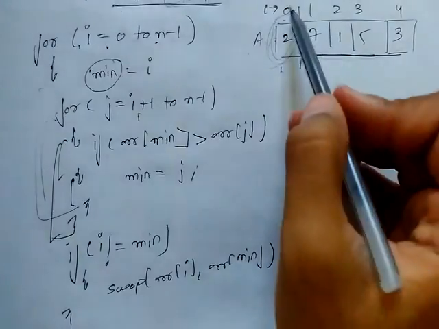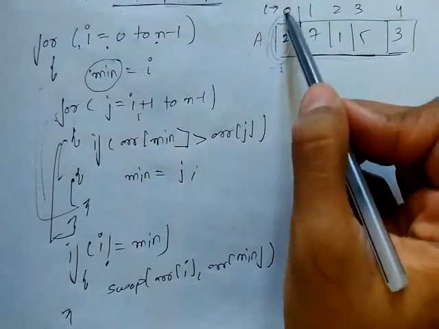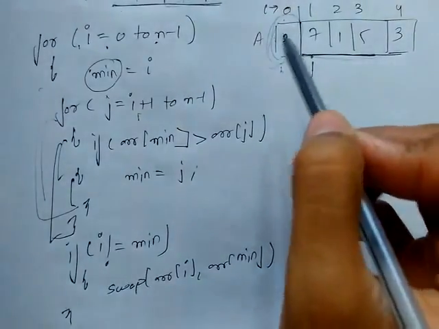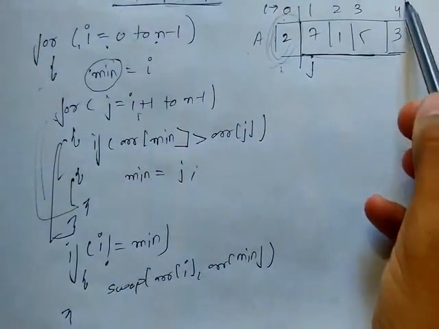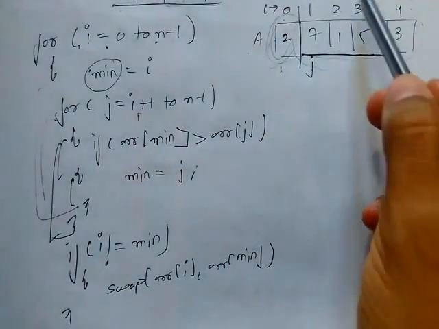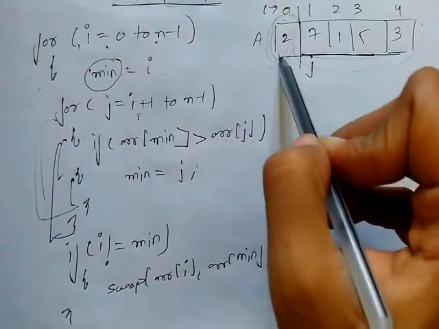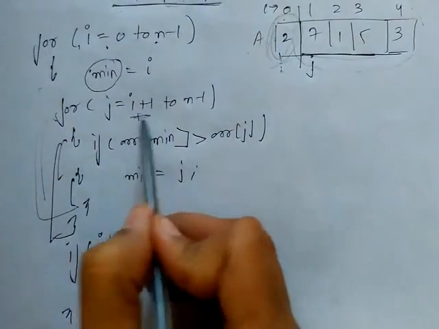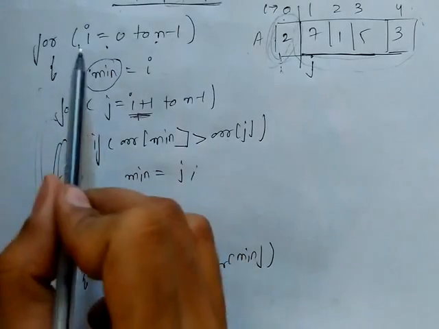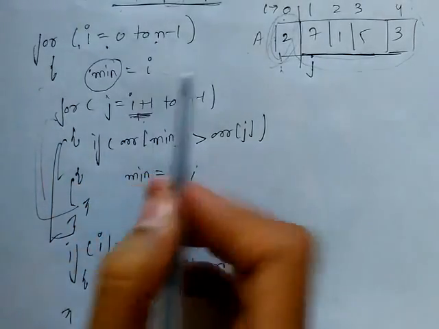In the first case, the sorted array is just one element, because an element by itself is always sorted. And my sub-array is the complete array except the element 2. So my j will be ahead of i. That's why it has i plus 1.